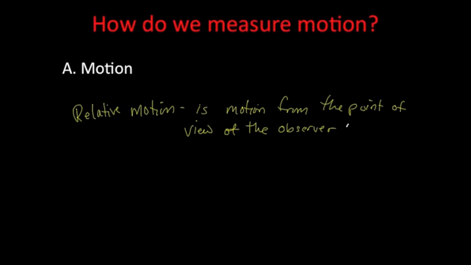Okay? So if you want to think about it like this, relative motion could be from the point of view of the observer. One observer would be from the train platform. The other position would be from the passenger on the train.